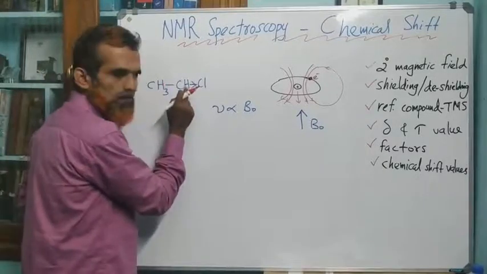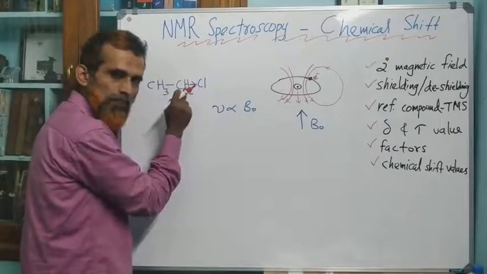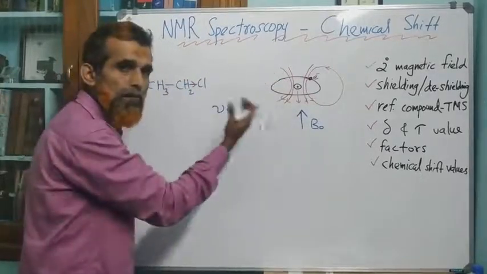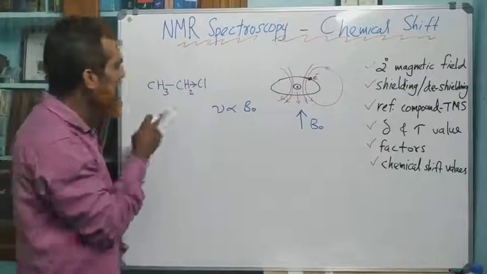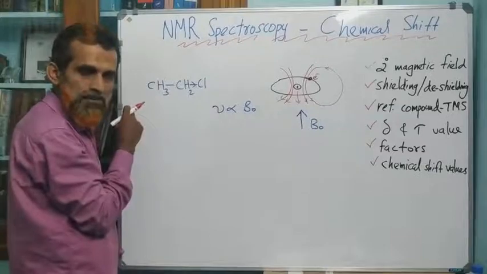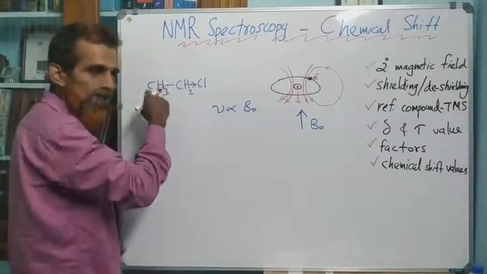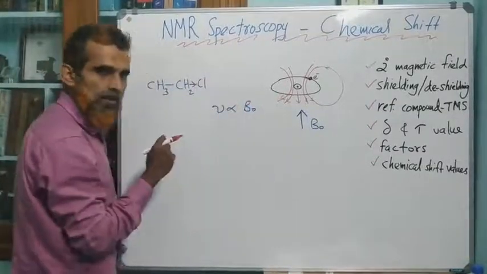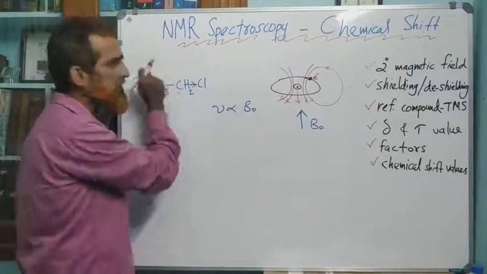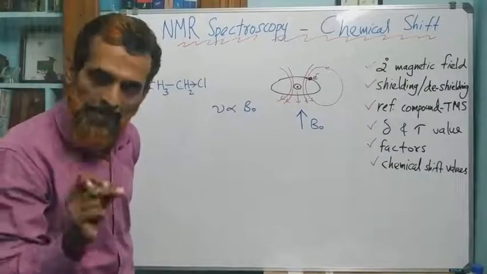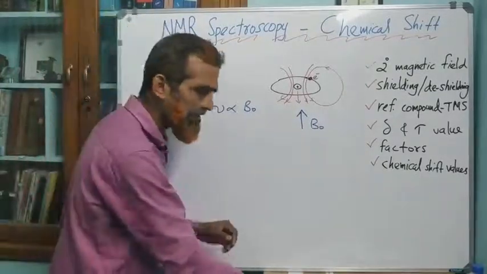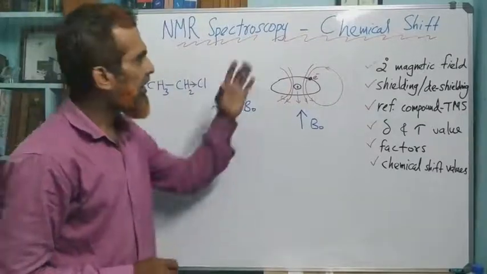So when the secondary field is less, this will feel more applied field and it will absorb at a higher frequency. Here there is more shielding because of more electron density around this CH3. So the applied field felt by this CH3 proton will be less, and the frequency of the NMR peak will be less. So this is the basis of chemical shift.